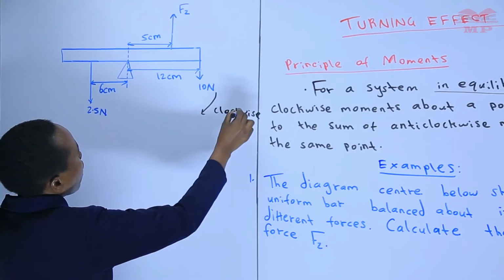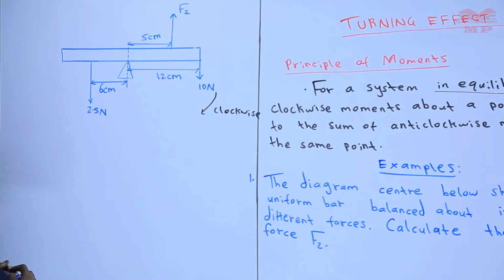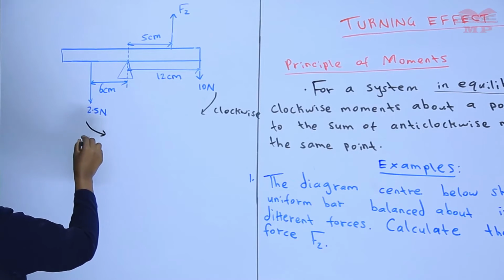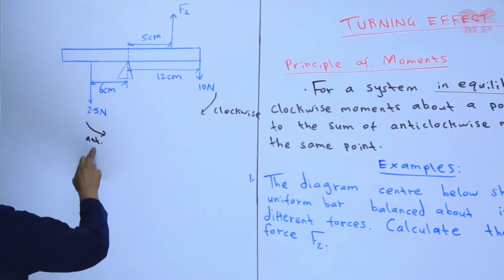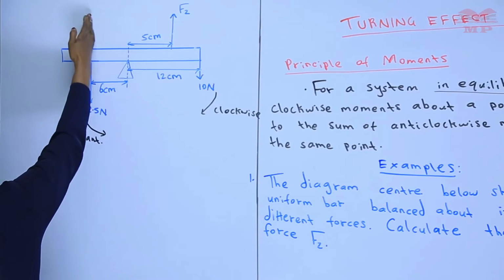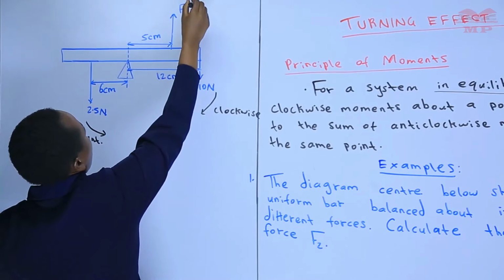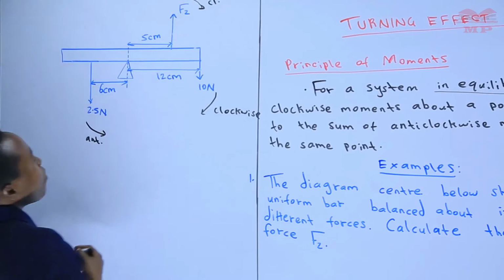So you need to note there we have a clockwise moment being produced by that force. Whatever is on this side downward will be anticlockwise. If we had another force here, we would have anticlockwise. And now this one becomes clockwise. So this one will bring about a clockwise moment.